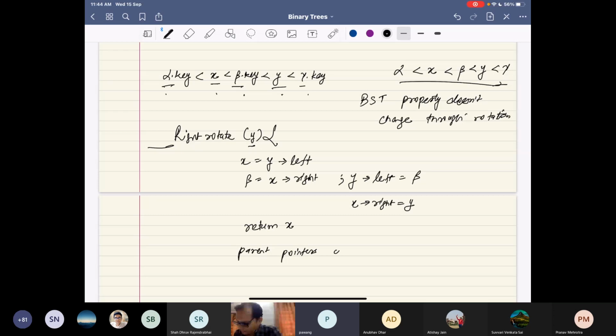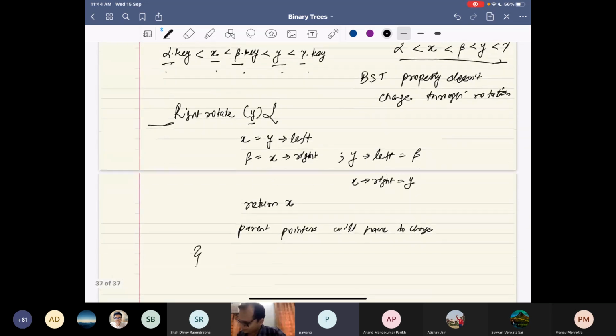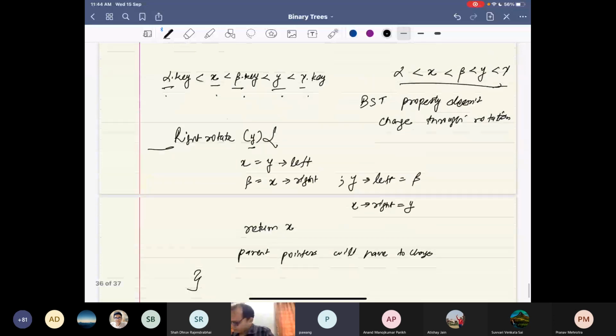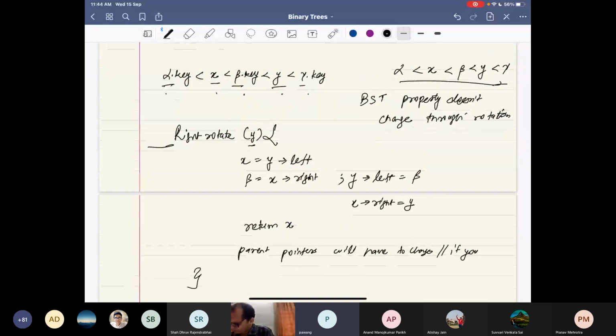And sir, even if we don't have parent pointers, still the parent of y will have a child pointer. If you don't have parent pointers, then there's nothing called parent of y directly. You will compute it using the tree, if you are given it.